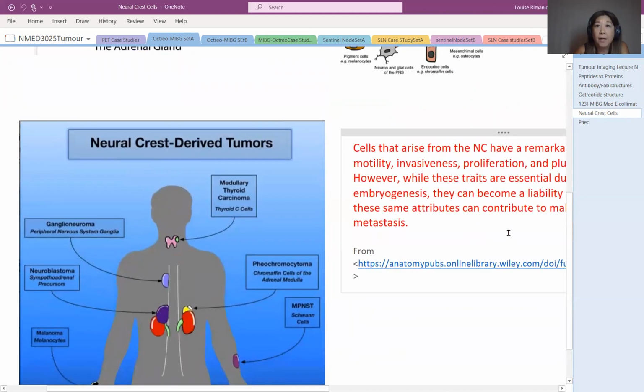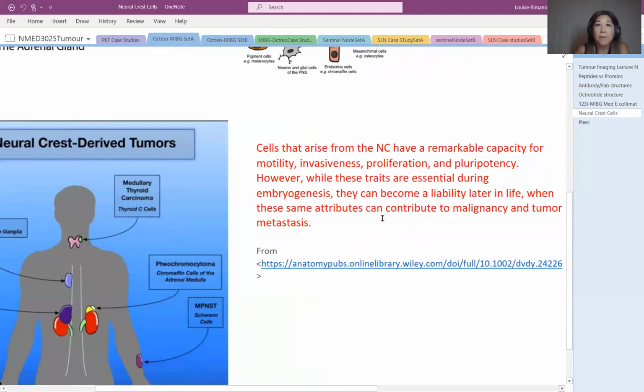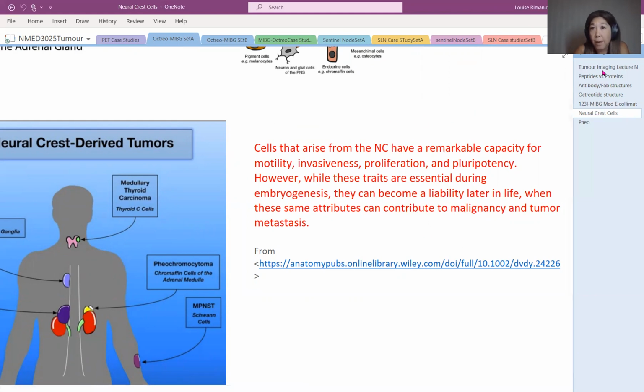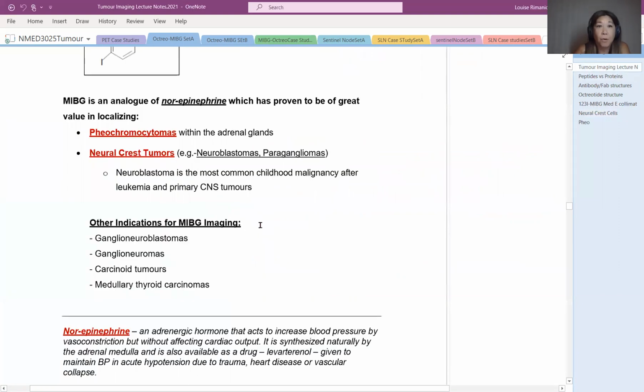The cells that arise from the neural crest have this remarkable capacity for motility, invasiveness, proliferation, and pluripotency. And while those are good traits during embryogenesis, these traits can be a liability later in life and can contribute to multiple malignancies as well as metastasis. So certainly MIBG plays an important role in looking for these neuroblastomas.